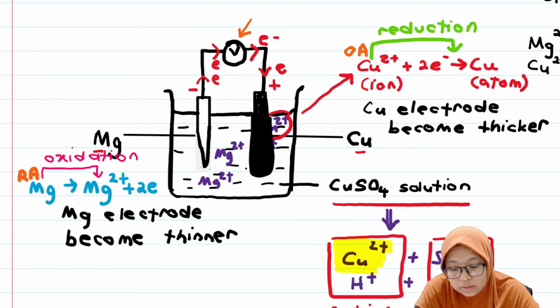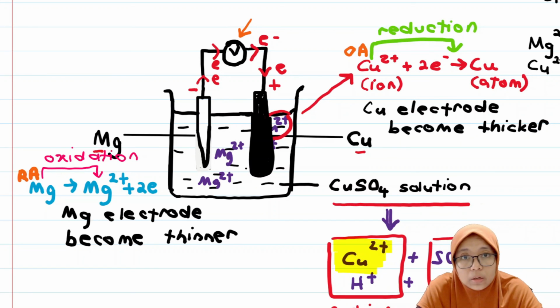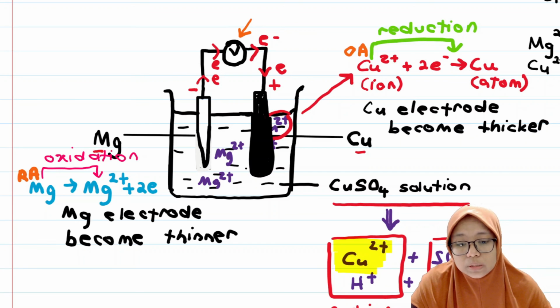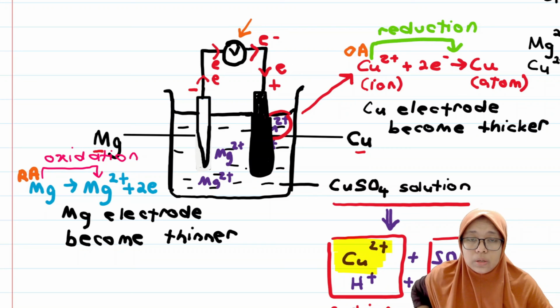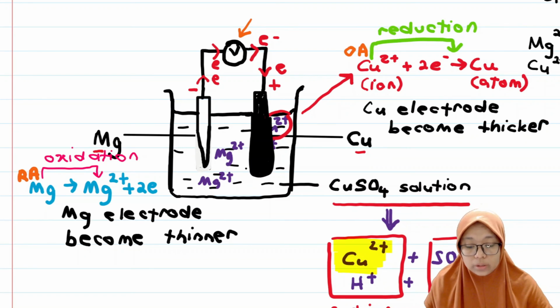I will explain this concept again using a Daniell cell, because this is a very simple cell, so you just want to see whether there is a current flow inside the cell or not. We will discuss the difference in the potential value, ataupun nilai E, the electrode potential value for the cell, in the next video.